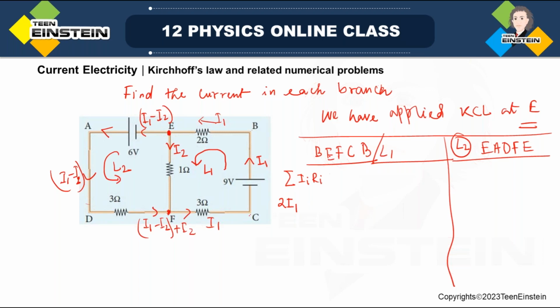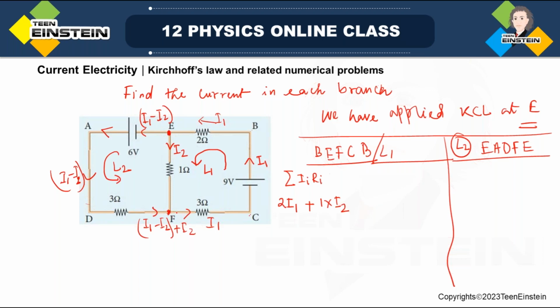Now go from E to F. I'm going E to F. Here I have taken the current through this 1 ohm resistor to be I2, and I'm going from E to F and the current is also flowing from E to F. So here also it will be positive, so 1 into I2.